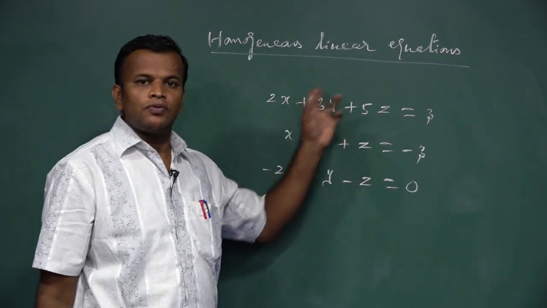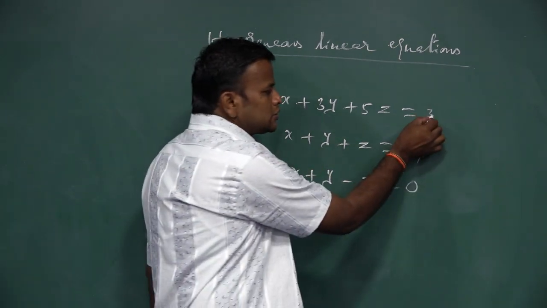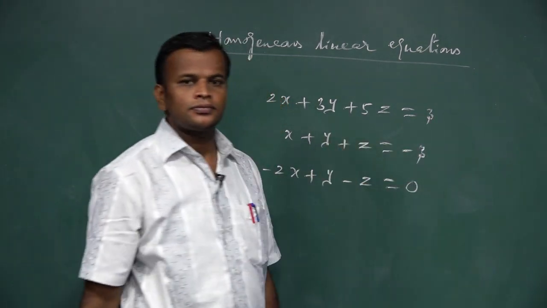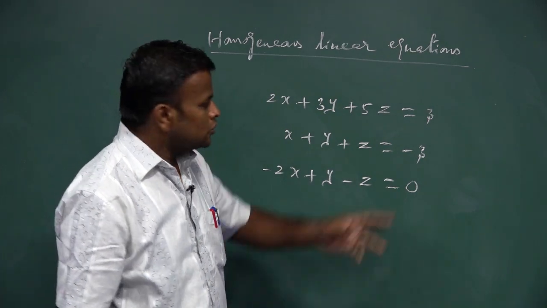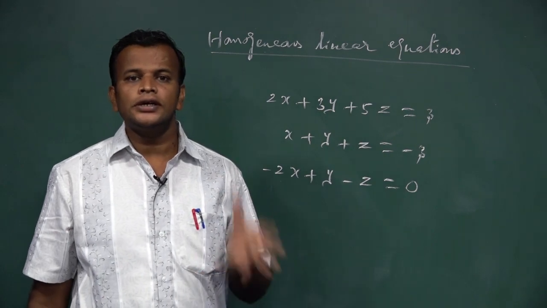We say this system is non-homogeneous because on the RHS, these values are constants. Suppose these values also become 0, then it is called a homogeneous linear equation.